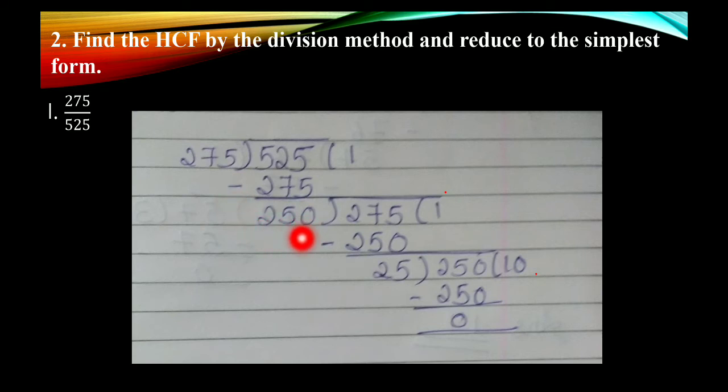Now this will be my dividend, and I'll take this 275 as the divisor. 275 inside. When I divide, 250 ones are 250.